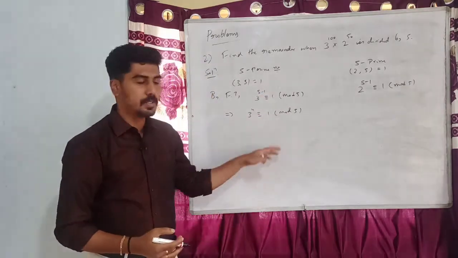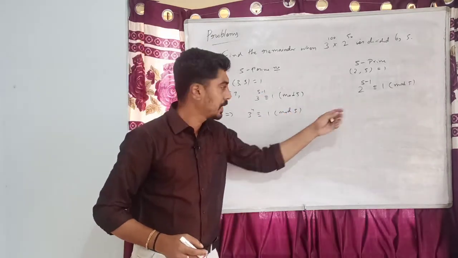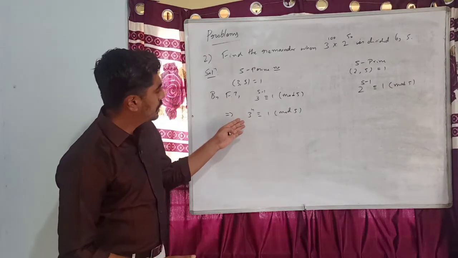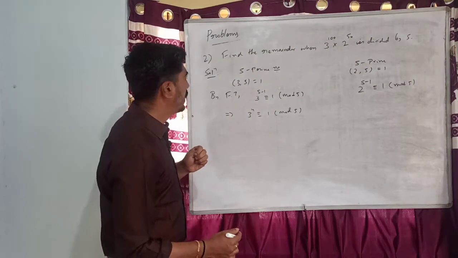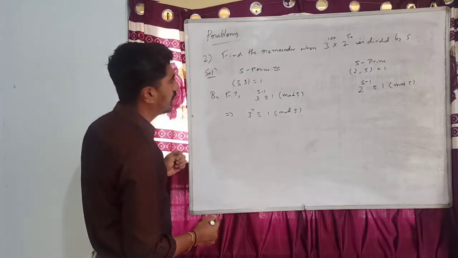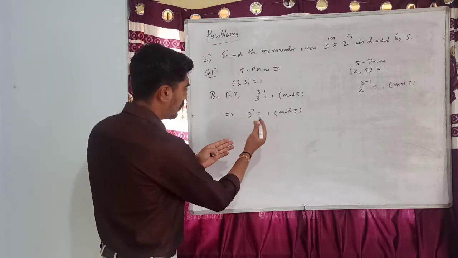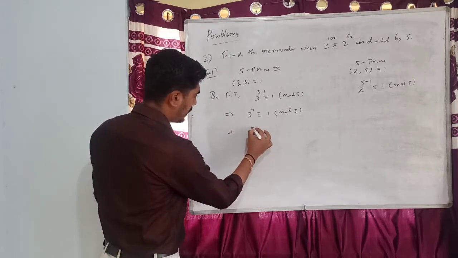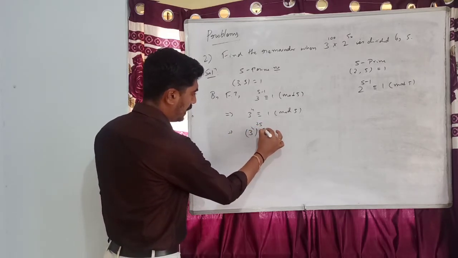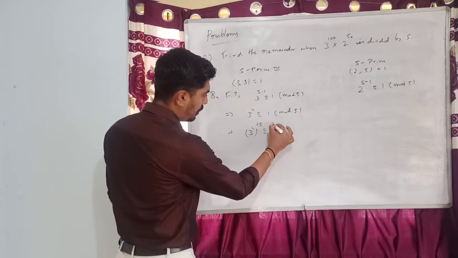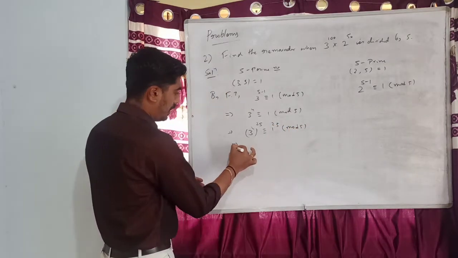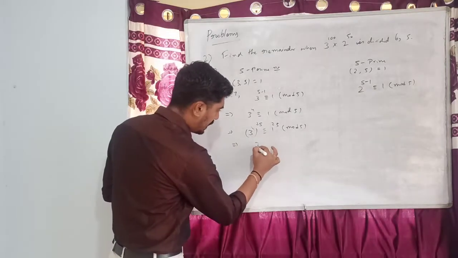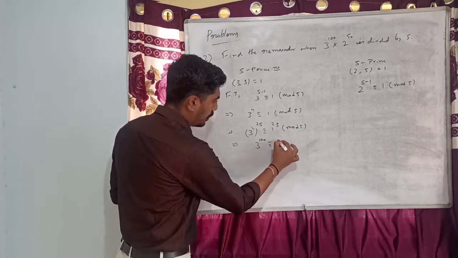First, let us solve this and later we shall solve this. Now, to get 100, I raise the power by 25 on both the sides. I get 3 power 4 whole power 25 is congruent to 1 power 25 modulo 5, or 3 power 100 is congruent to 1 modulo 5.